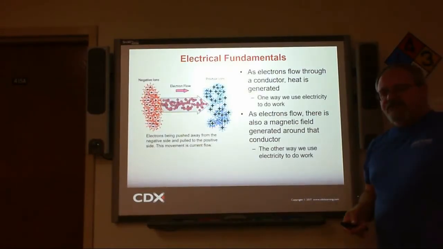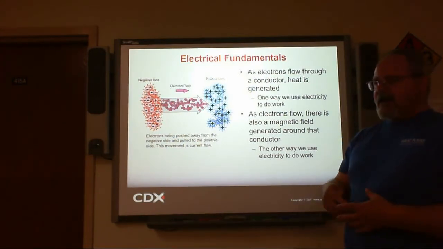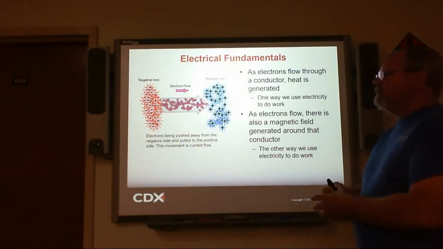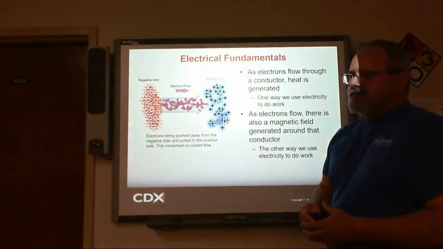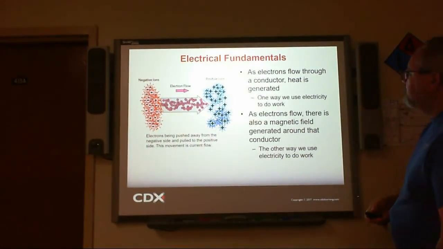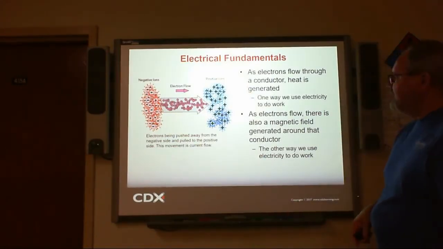Now, electrons flow from a concentration of high electrons to a concentration of low number of electrons, and we can visualize that transition being a flow of electrons. Now, as electrons flow through a conductor, heat's generated. That's one way we use electricity to do work.